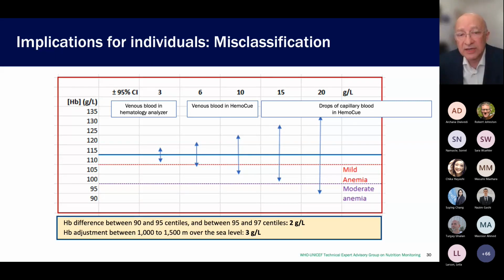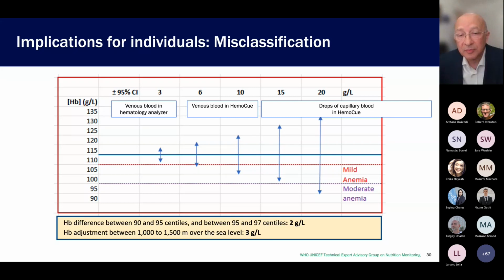And at the bottom of this figure, I have added something that we are trying to do in our studies. We are trying to adjust for percentiles of the variation in the hemoglobin concentration. And we are discussing whether to use the 90 to 95 percentile or the 95 to 97 percentile.